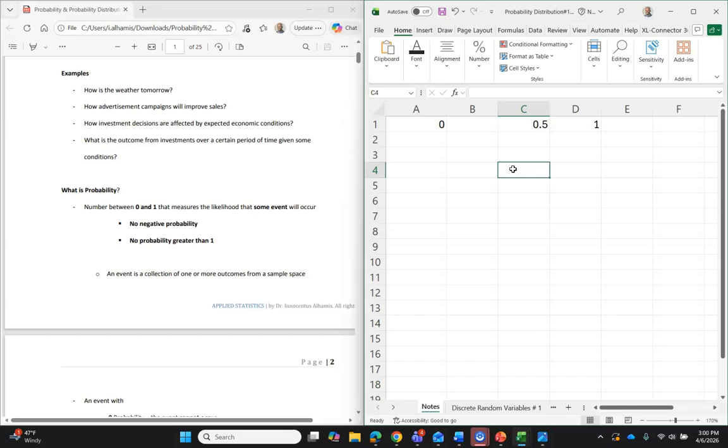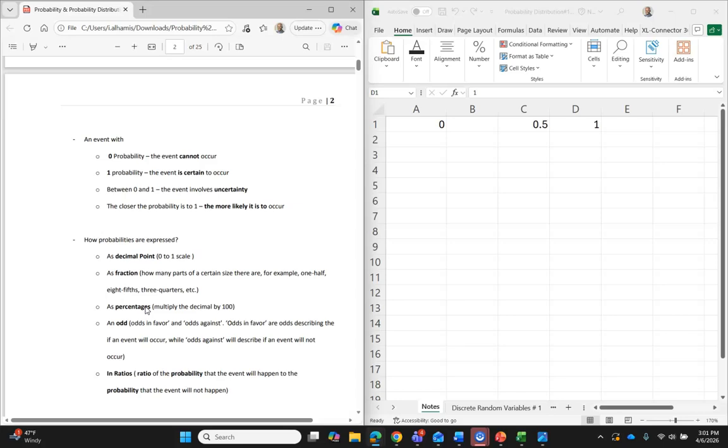However, all I want you to know is the number between 0 and 1. That is probability. And any number between 0 and 1 will measure the likelihood of an event to occur. So it means that probability cannot go beyond 1. And also, probability value cannot go less than 0, meaning that there is no negative probability. And that's what is mentioned here in our notes.